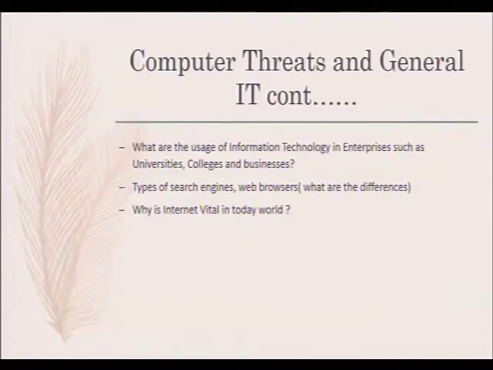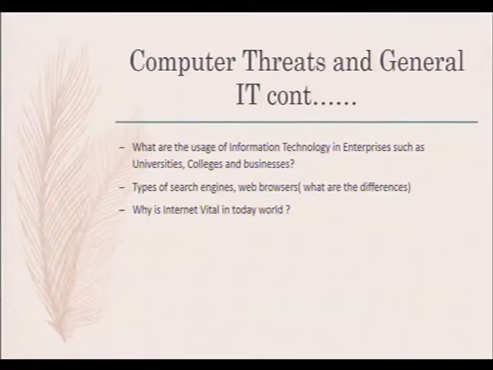One thing that students normally confuse is search engines and web browsers. Search engines are the engines where we can search for information. Basically, these are servers somewhere, and they enable us to retrieve things from the servers. So search engines and web browsers are totally different.